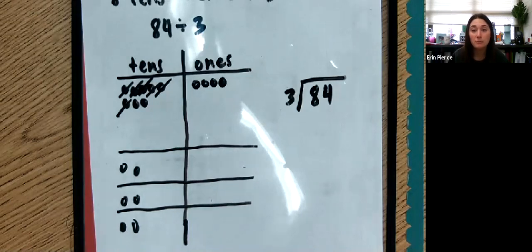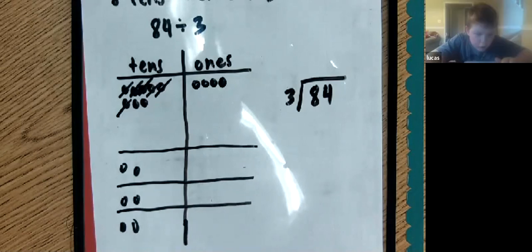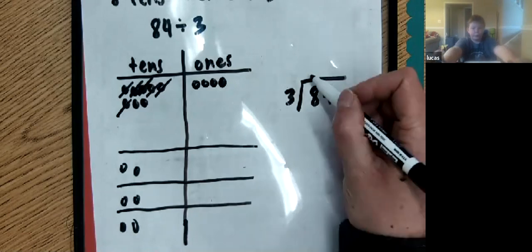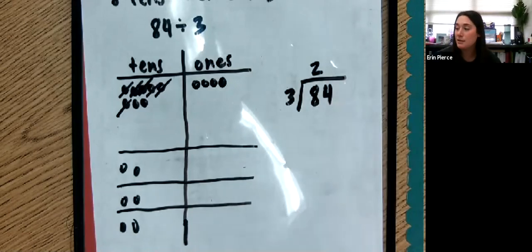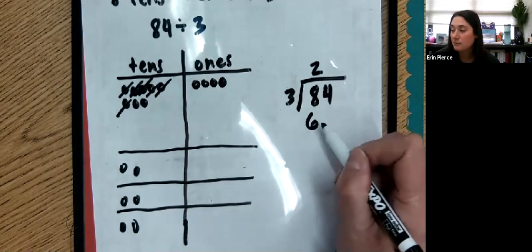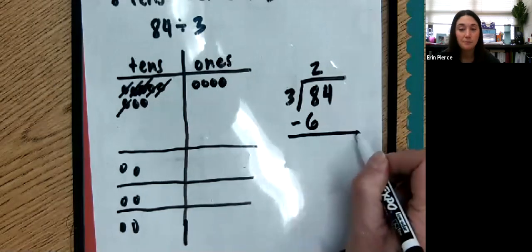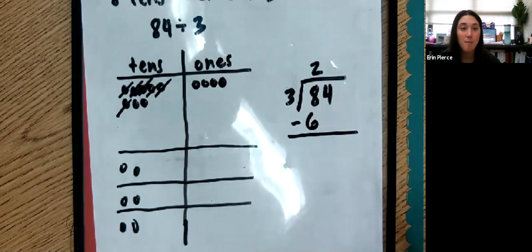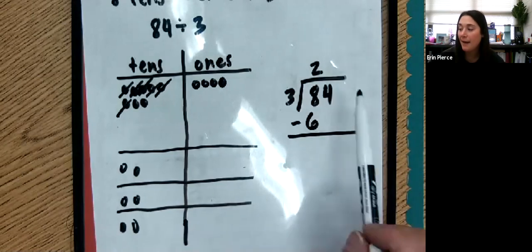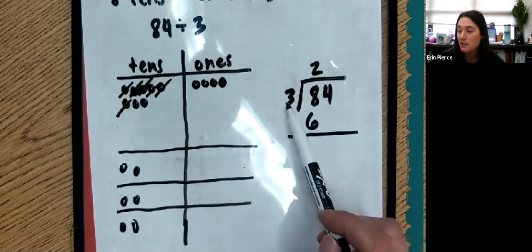Lucas? 2. 2. 3 times 2 is 6. I subtract. Again, so let me bring us back to that. 8 divided by 3 is 2.